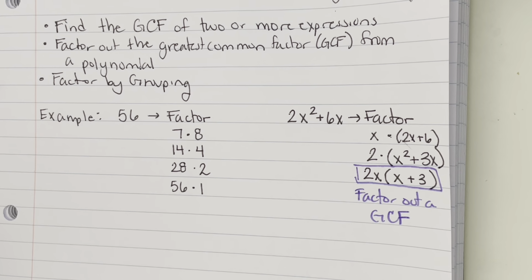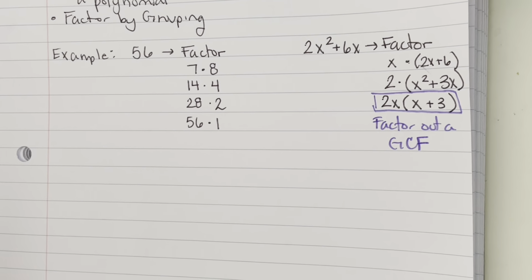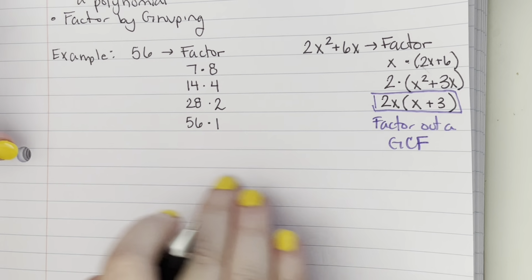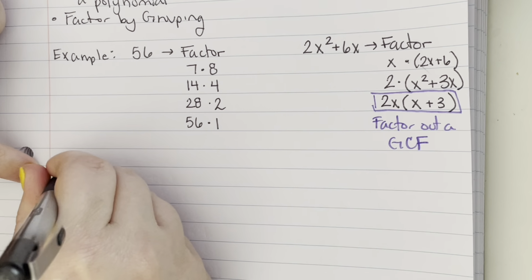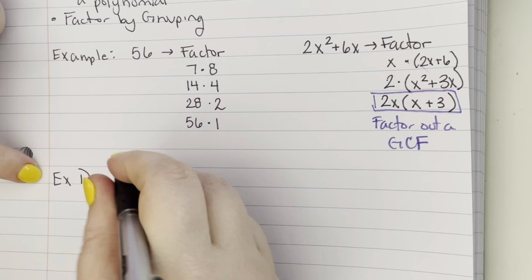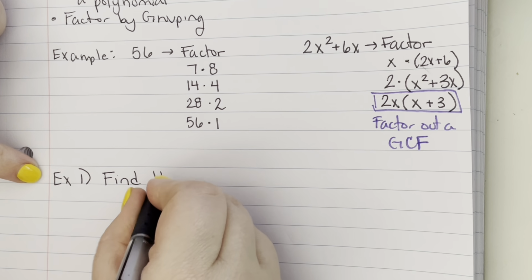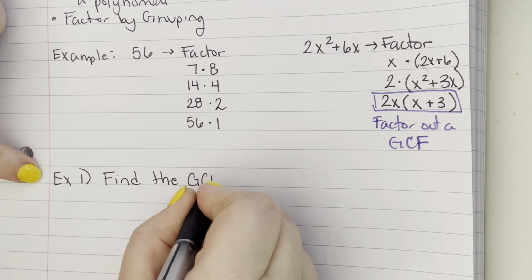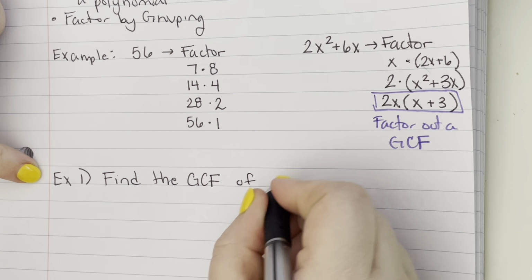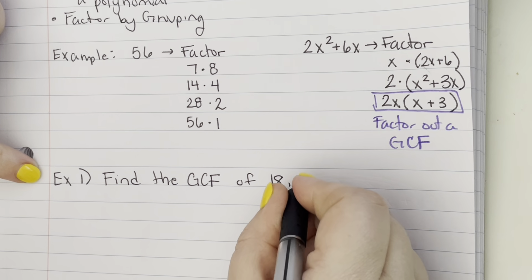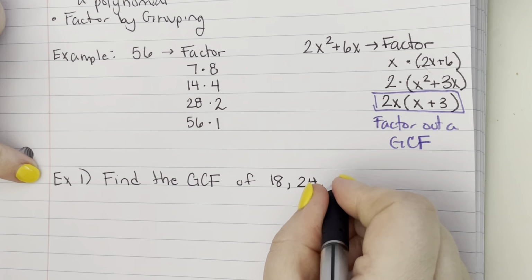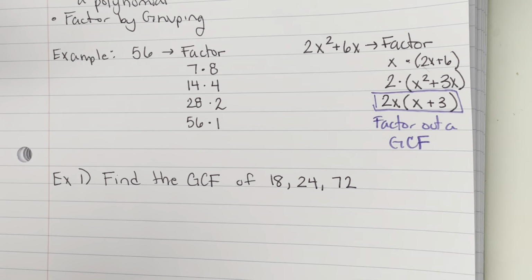So let's take a look at two or more numbers and how to find their greatest common factor. And we're not going to do polynomials, we're going to do regular numbers. So example 1 is going to be to find the GCF of 18, 24, and 72.